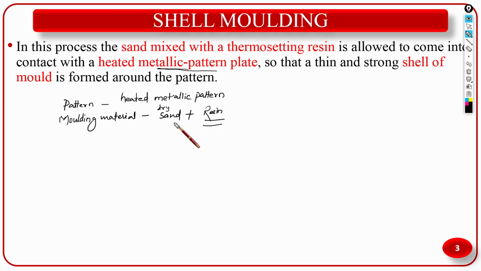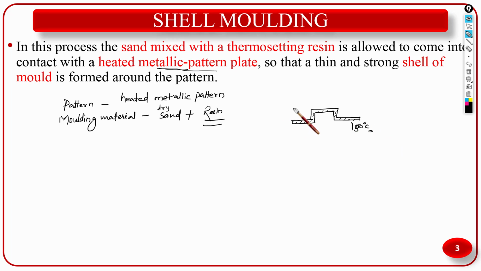And then the cavity is formed. Let's suppose this is a metallic plate, and we want this kind of cavity. This metallic plate is heated, its temperature is raised up to around 150 degrees Celsius.